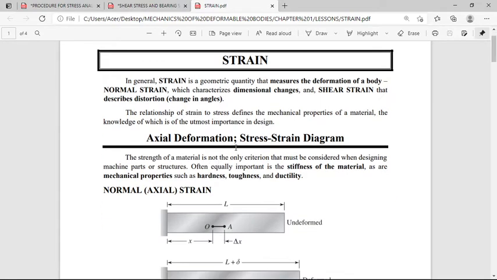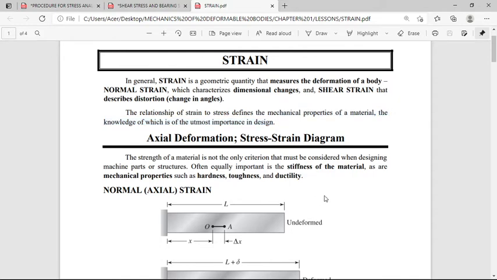So, the relationship of strain to stress defines the mechanical properties of a material. Later on, we'll discuss this preceding topic, stress-strain diagram. May relationship talaga itong si stress and strain, the knowledge of which is of the utmost importance in design.